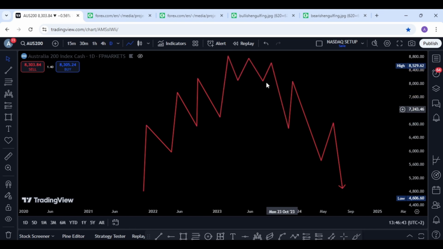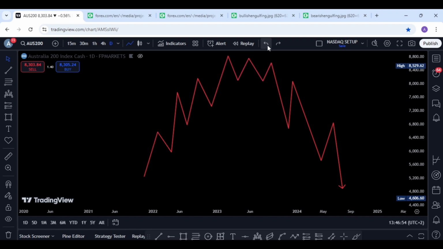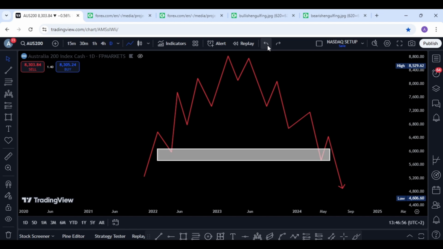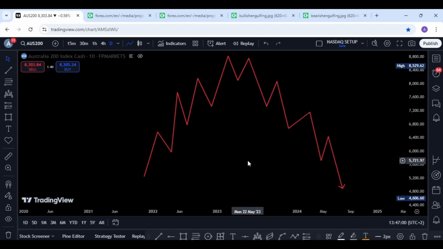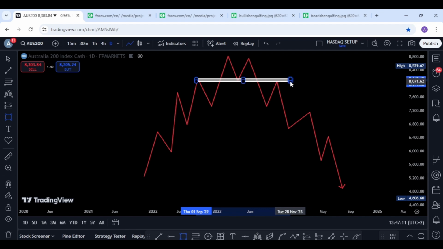As well, we also have others such as the double top. Let me show you fast how a double top looks. A double top would look like this. As you can see here, we also have a head and shoulders. I forgot to see it. You see, here's a double top. As you can see, here's the neckline.